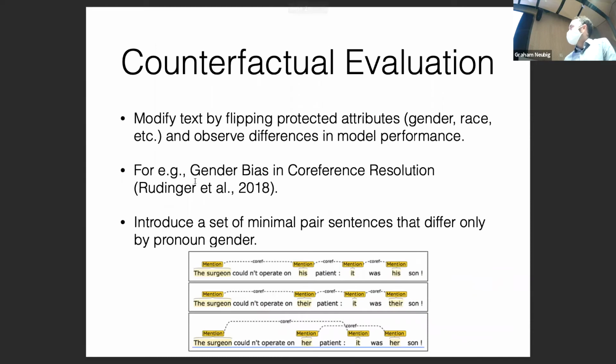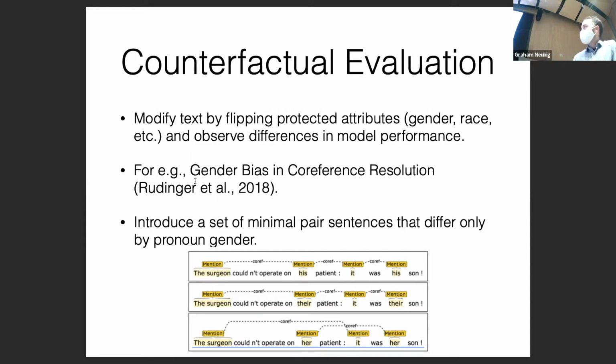So the final way of examining bias is counterfactual evaluation. One thing that's kind of nice about this is that it allows you to drill into different impacts of individual words or individual decisions in a very controlled manner.